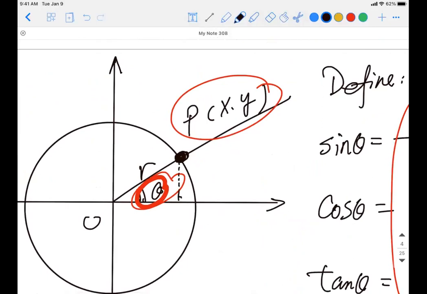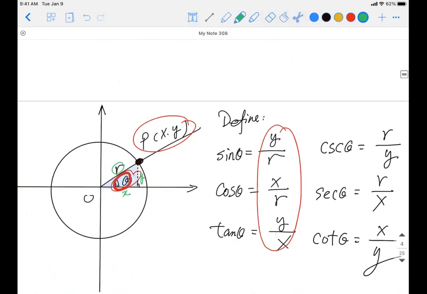You can see in this blue triangle, this is going to be your y, this is going to be x, this is going to be r. So sine theta is exactly equal to the opposite side over the hypotenuse. So there are two ways of definition, and they're basically identical. They're talking about the same thing. I think this is the basic definition for trigonometry.